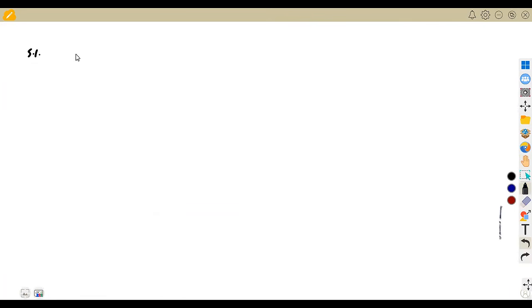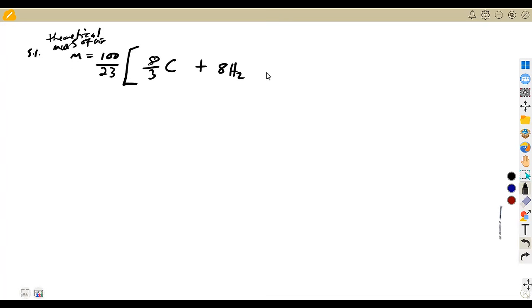So we need that formula, whereby the theoretical mass of air is 100 over 23 times 8 over 3 times the carbon, plus 8 times H2, plus sulfur, which is just 1, minus O2.